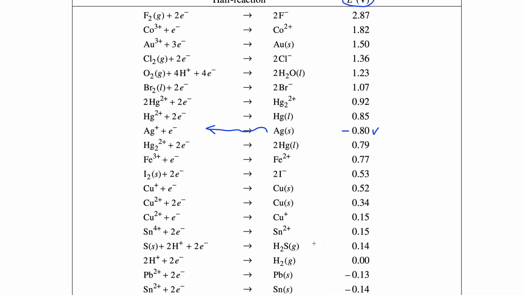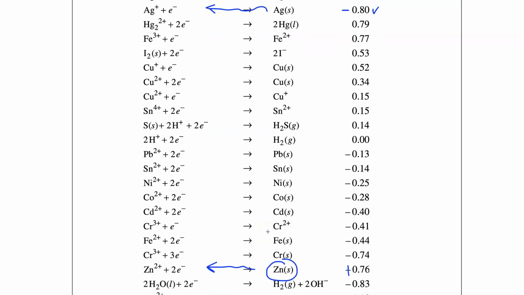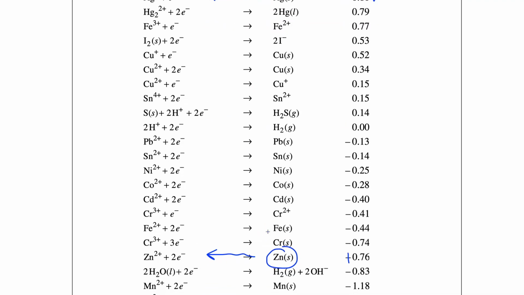Gold is a non-reactive metal, way up here, and its ability to oxidize is negative 0.15. As you move down, you find the more reactive metals. We found clearly that the most positive oxidative potential, which is the reverse of the standard reduction potential, is zinc. Therefore, zinc is my anode.